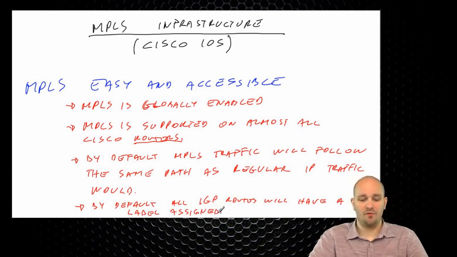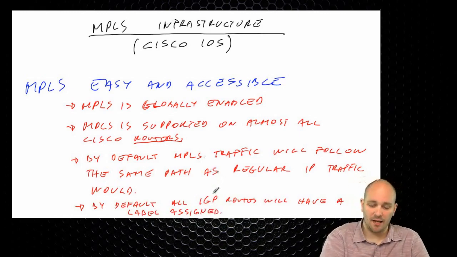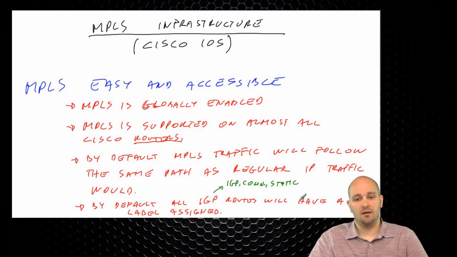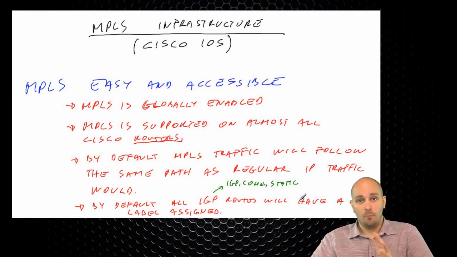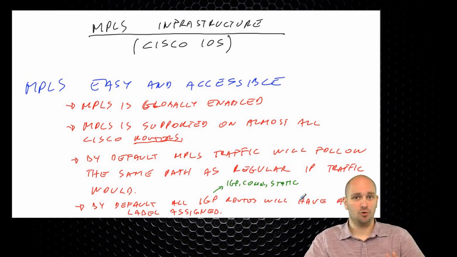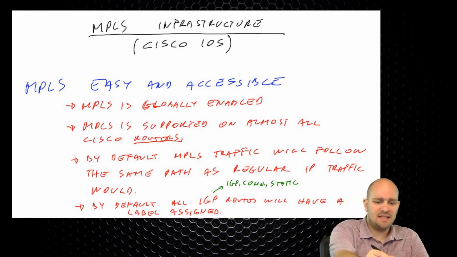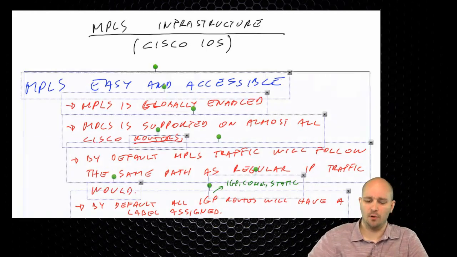So all IGP routes, and I should clarify here that by IGP, I actually mean IGP routes, connected routes, and static routes. All these routes from these sources will actually have a label assigned by default, so you don't actually have to do anything. So this is what makes MPLS easier and more accessible in IOS.